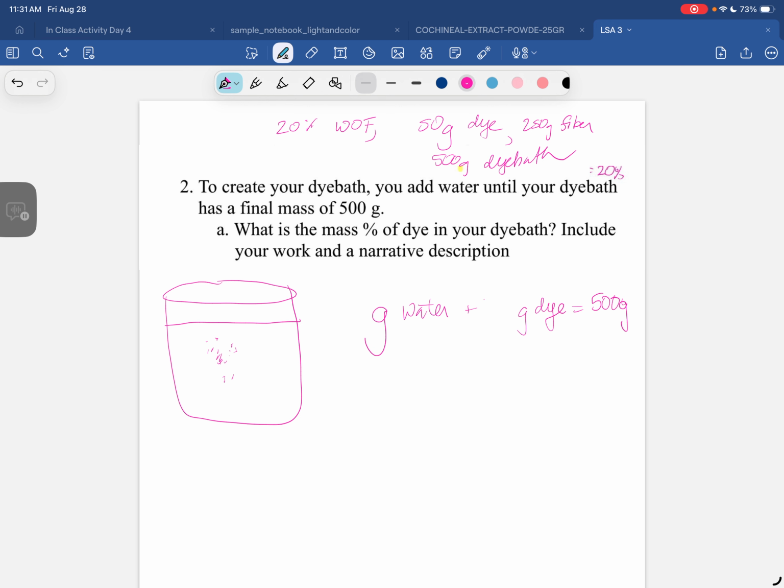We know that 50 grams of that is our dye. And so in theory, we would also have what we need to solve for our grams of water. In fact, we could do that.